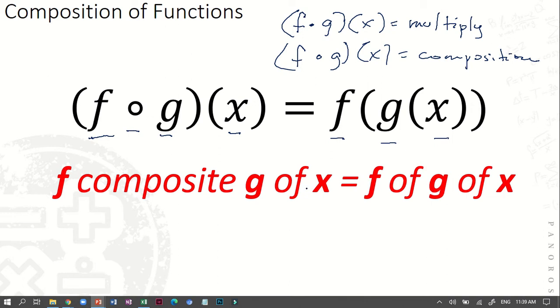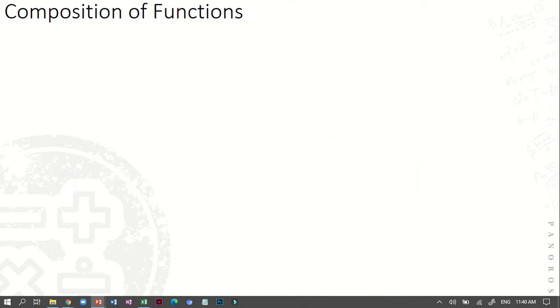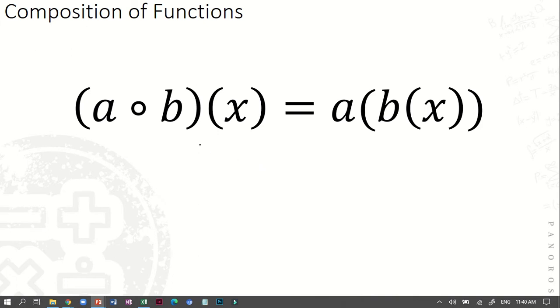Meron pang ibang paraan kung paano basahin to, especially kung sa ibang libro, ibang teacher, kung sa internet. Maraming way how to read the composition of functions, pero ito lang yung gagamitin natin na way of reading, para pare-pareho tayo. Okay, another example. Hindi naman tayo concentrated lang that our function will be represented by either F or letter G. It can also be represented by other letters in the alphabet.